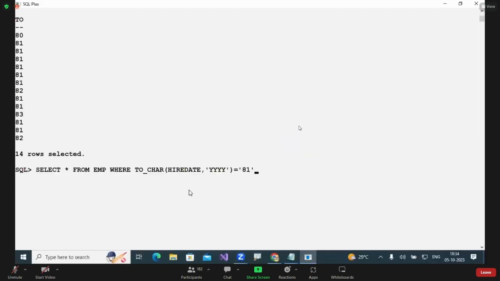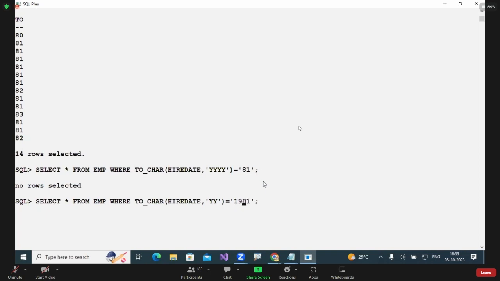So if you give it like this, it will show no rows. Why does it show no rows? Because your function returns the value in 4-digit format, but your comparison value is 2 digits. So 4 and 2 never compare. That's why no rows; your request is not considered by Oracle. Suppose I give 2 digits here but send 1981, 4 digits.